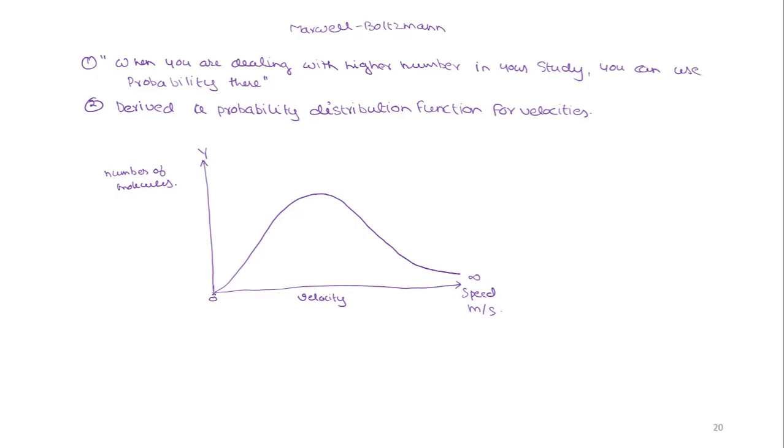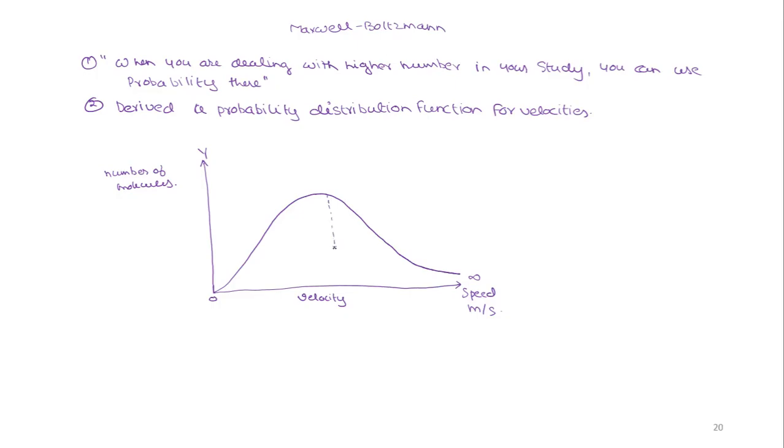Check out over here. While the maximum velocity is infinity. This is the reason why it is not symmetrical like other normal distributions. And this is the reason you have different values for the average velocity and the most probable velocity, right?